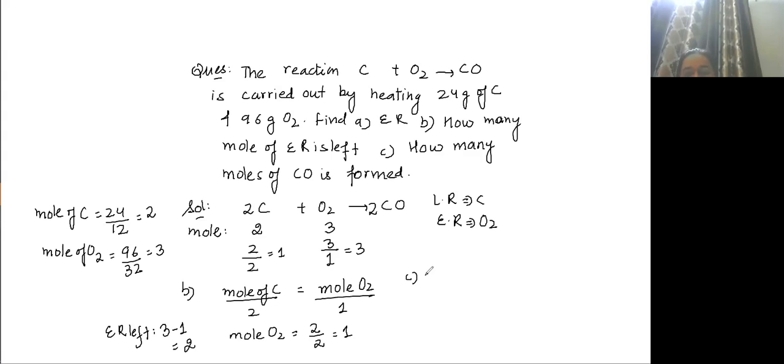Now C part, how many moles of CO is formed? Moles of CO by 2 is equal to moles of carbon by 2. So moles of CO is equal to moles of carbon, that is equal to 2. 2 and 2 will be cancelled. Easy problem.